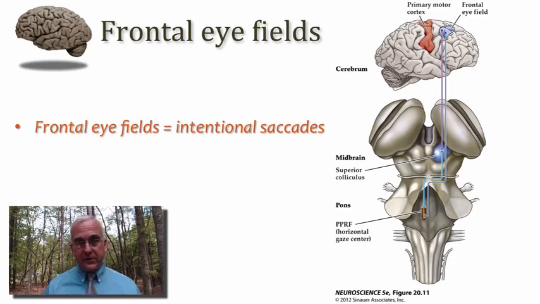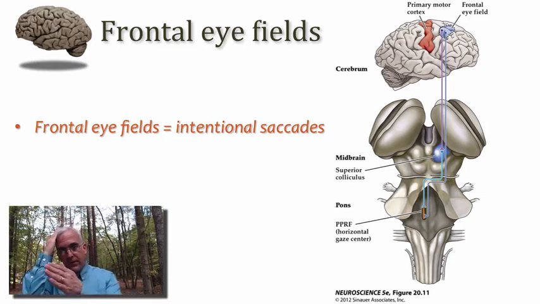And so you need to decide, okay, where is my nearest clock and where do I need to look in order to see what time it is? So you generate a shift of your gaze towards that new visual target. So that's a saccade that you intend to make. So that's a frontal eye field function, and the frontal eye field in one hemisphere is going to drive your gaze to the opposite side.